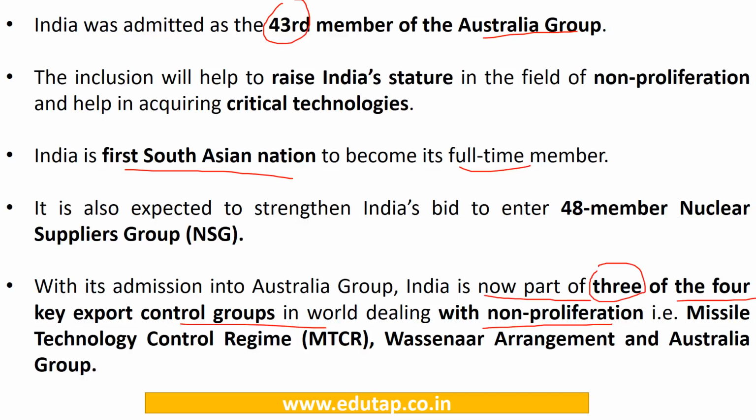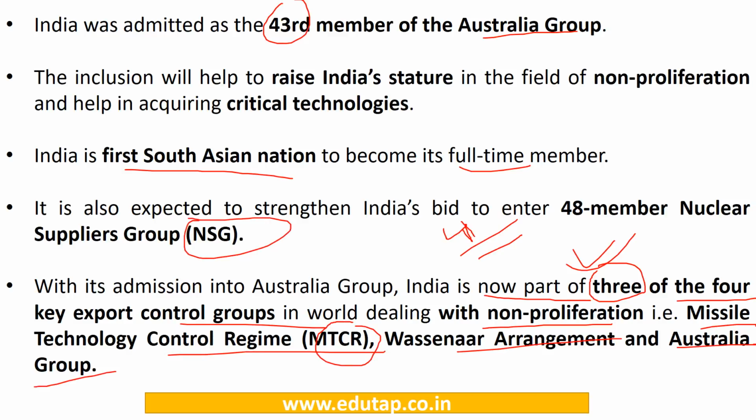Very important point to remember that there are a total of 4 export control groups in the above field, that is Missile Technology Control Regime, Wassenaar Arrangement, Australia Group, and last is Nuclear Suppliers Group. Very strange to note that India became a full member of the first 3 groups in just the last 1.5 years, with the latest being the Australia Group, and NSG is the only group that India is not part of. A brief summary about all these 4 groups is explained in the later section.